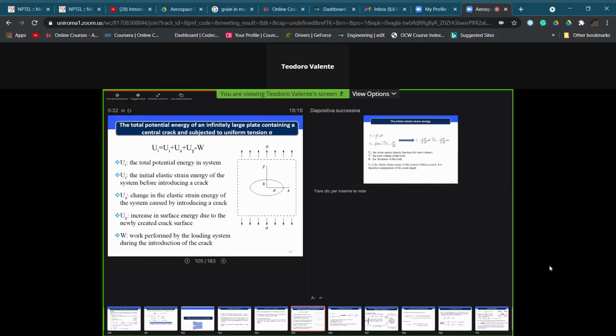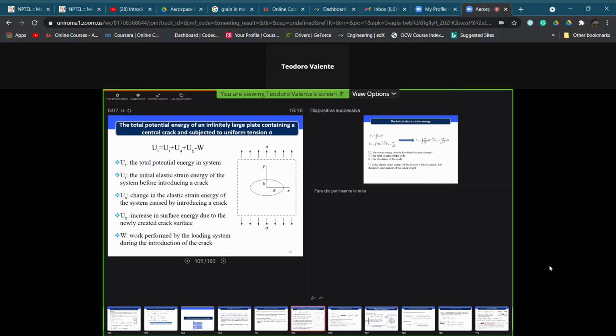Then we have U gamma, the fourth term of this very simple energy balance, which is the increase in surface energy due to the creation of new crack surfaces when the crack obviously propagates. And then we have the final term, which is the work performed by the applied load, that is, by the loading system during the introduction of a crack.